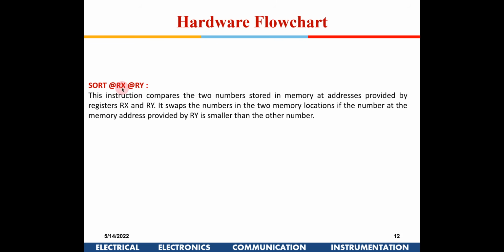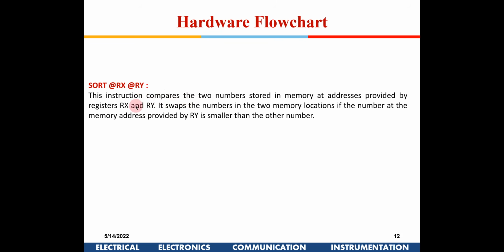We are checking the contents of two memory locations. The addresses of the memory locations are given in Rx and Ry, so that is the reason the at-the-rate symbol is written out here. We are only checking the contents of two memory locations whose addresses are given by Rx and Ry.